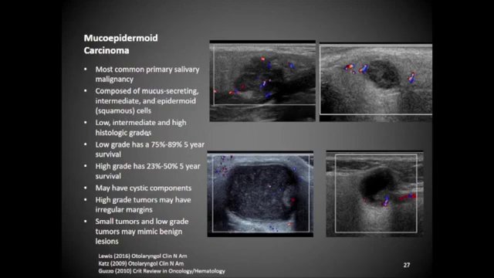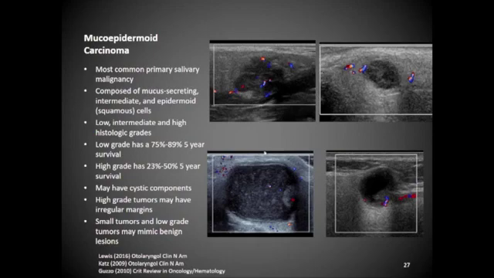This has low, intermediate, and high-grade histology variants, which have very discordant clinical behavior, from a fairly indolent 75 to 89% 5-year survival to a less than 50% 5-year survival for the high grade. They may have cystic components such as this one and this one. The high-grade tumors often are very ill-defined and infiltrative, but the low-grade and small tumors can be very well-defined and honestly overlap with benign lesions.